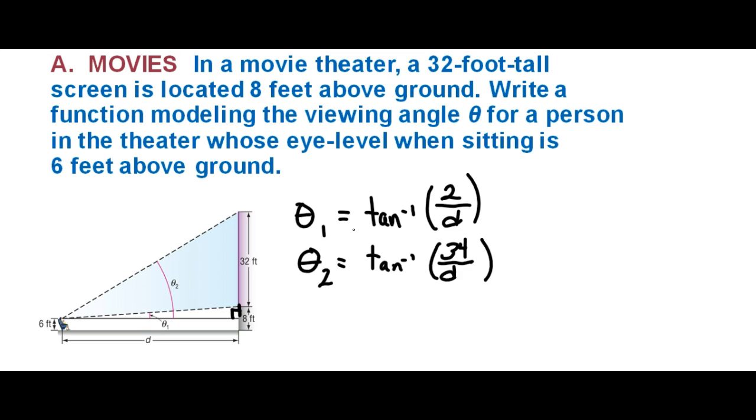So now, to get this angle in the middle, I'm going to take my larger triangle's angle minus the smaller triangle's angle, and it's going to give me this viewing window.